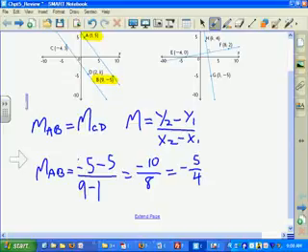Does that look okay so far? Yes? All right, -5 over 4 is our slope. So we know the slope of AB.